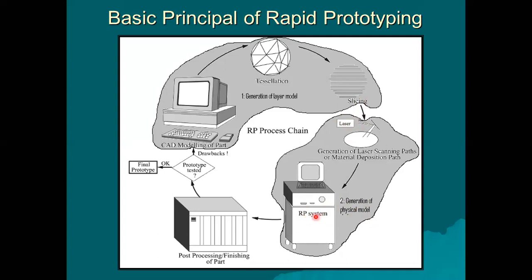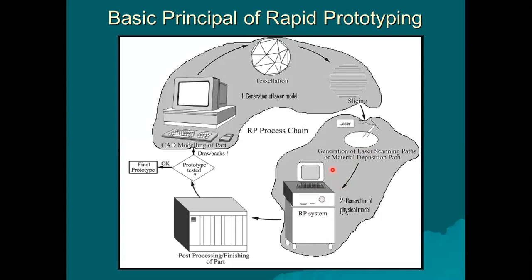The digital information that you have is used to physically make this part in a 3D printer. So this RP system, what I have written here, is nothing but a 3D printer. This step, the generation of laser scanning paths or material deposition paths, depends on the kind of 3D printer you are using. Some 3D printers use laser. Some do not use laser; they use a different kind of energy to deposit material.